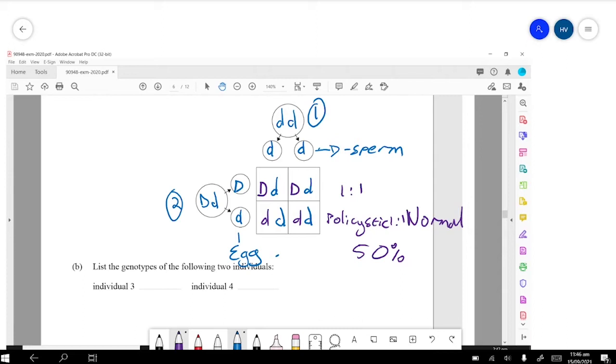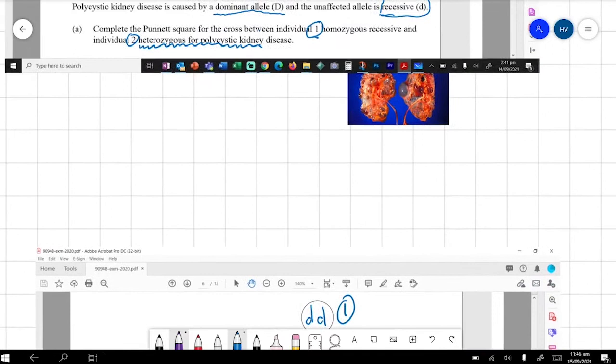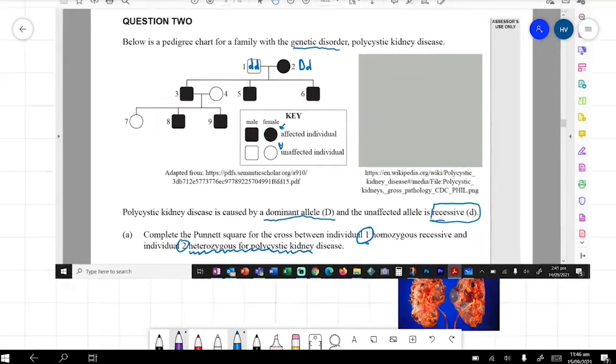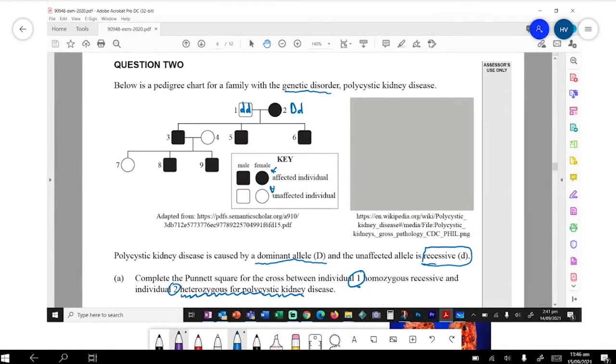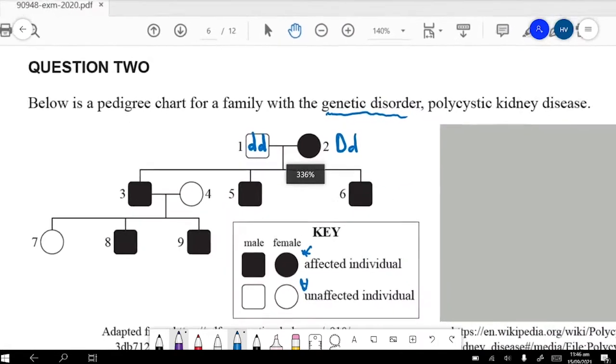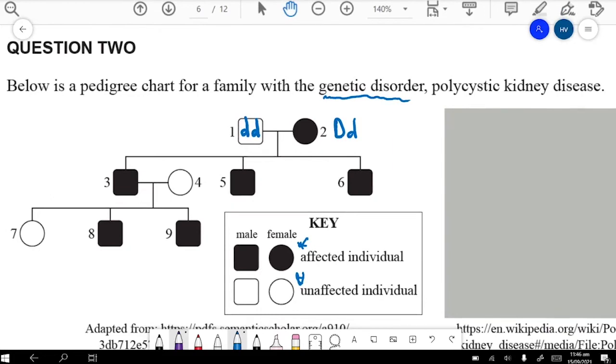Now, list the genotypes of the following two individuals, individual 3 and 4. So let's go back to our pedigree chart. Individual 4 is not affected, so she is displaying the recessive trait, which means she has to be little d.